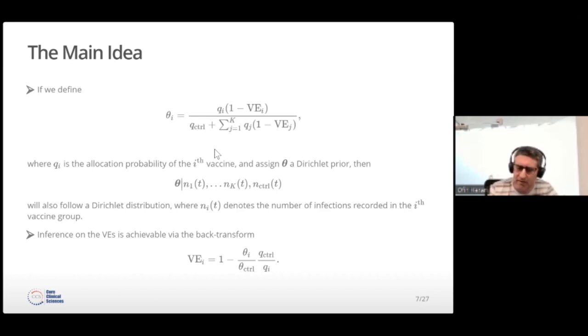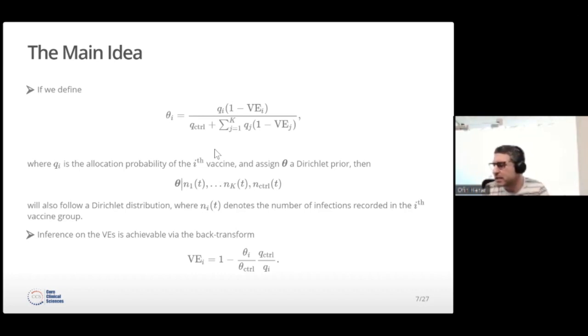Once we have those Dirichlet posteriors, we can back transform those to infer on the vaccine effect. So the big message here: we can do everything in a very computationally efficient way.